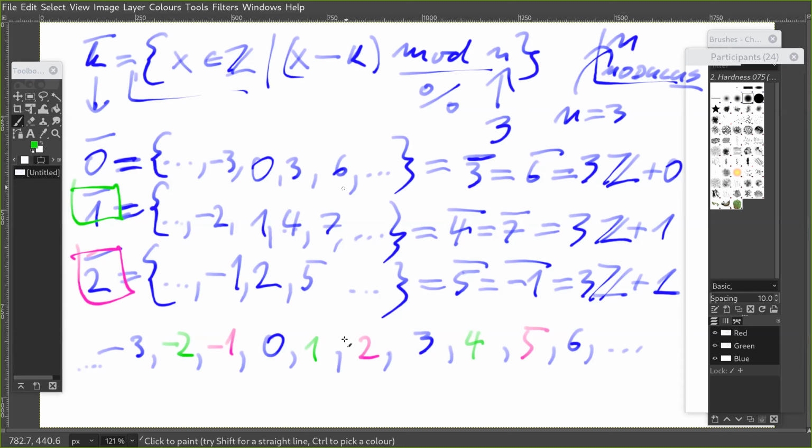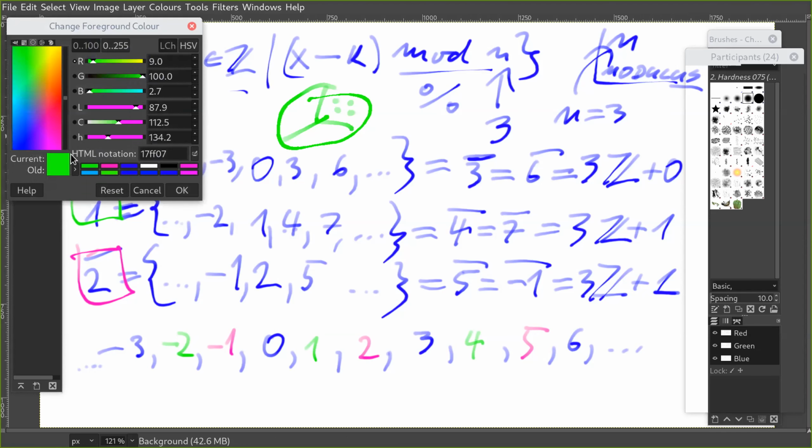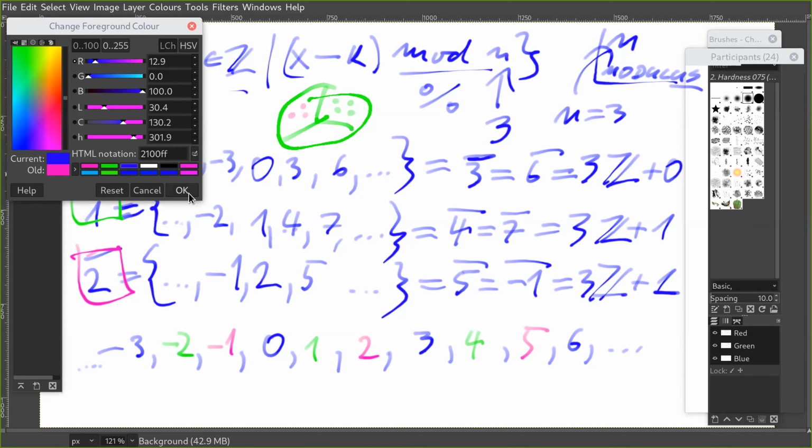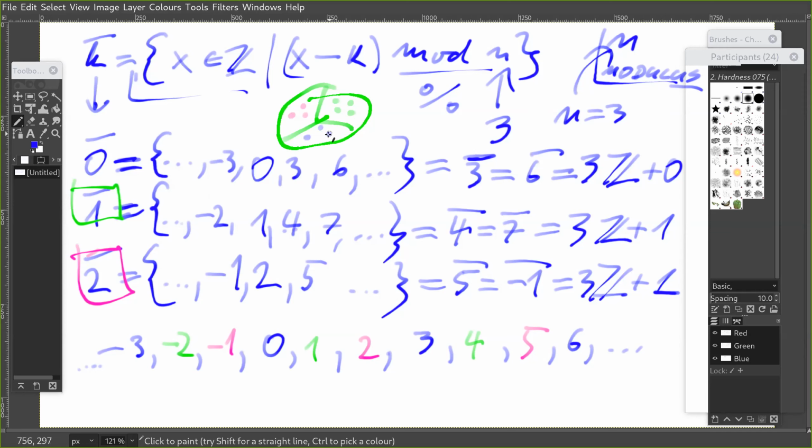So what happened with the integers? If you think about Venn diagrams, when you're talking about sets, usually one draws circles like this, and this actually divided the circle into 3 equal parts. So we put, for example, the green numbers here, the pink numbers here, and the blue numbers here.